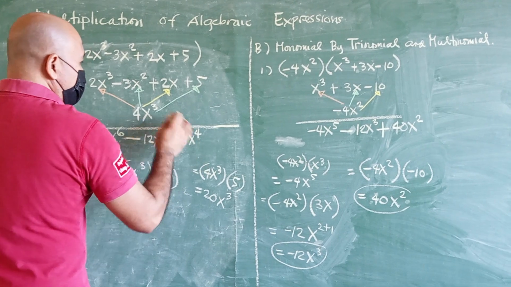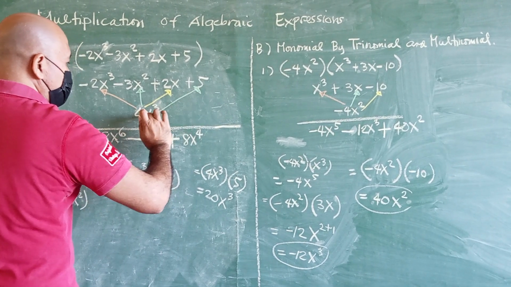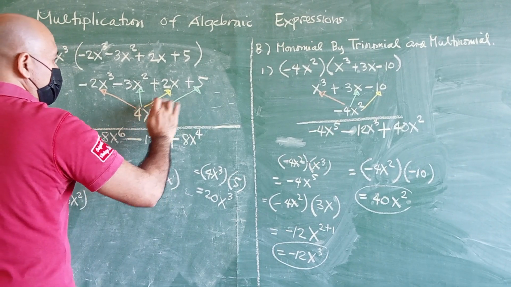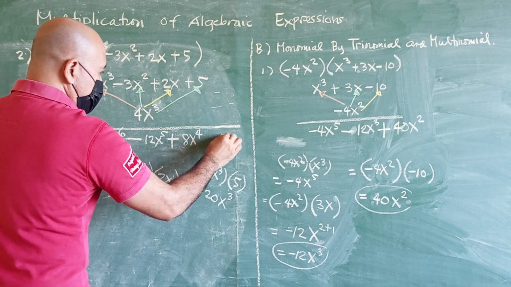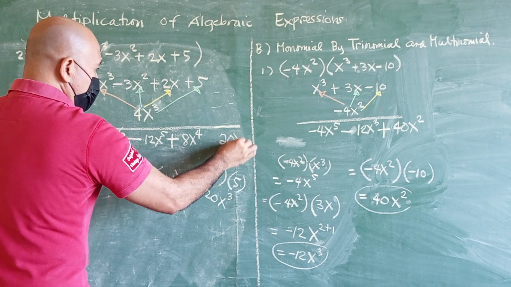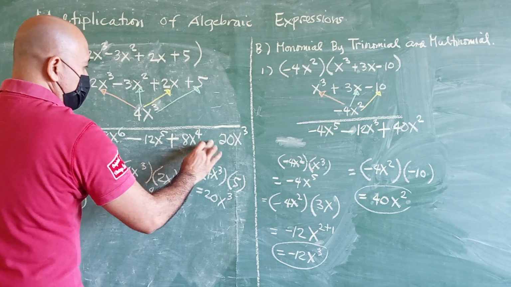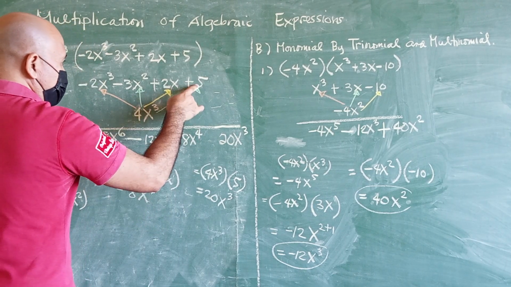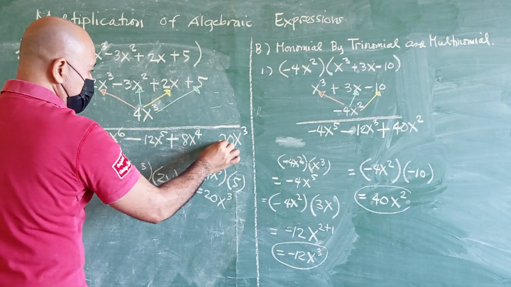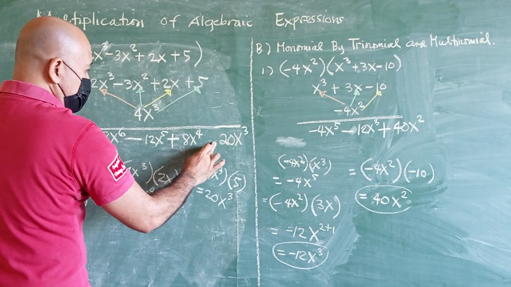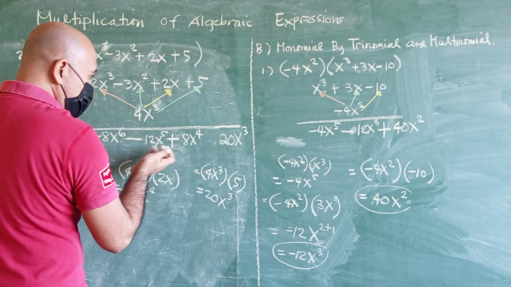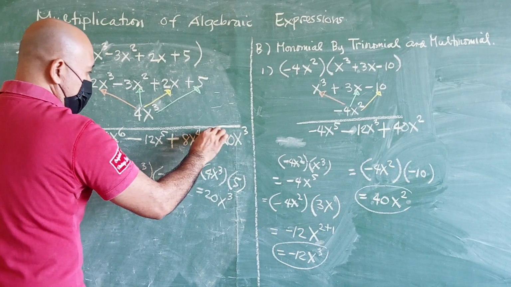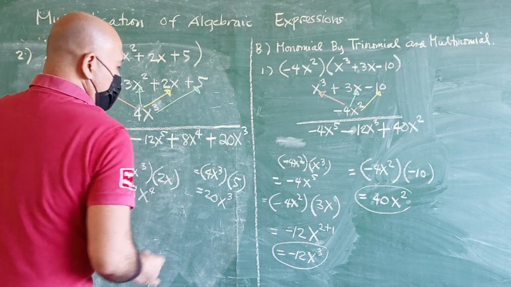So the answer for the last part of the process, when we multiply 4x cubed and 5, is 20x cubed. Since 4x cubed is positive and 5 is positive, automatically this is positive. But since there are terms before 20x cubed, the positive becomes plus.